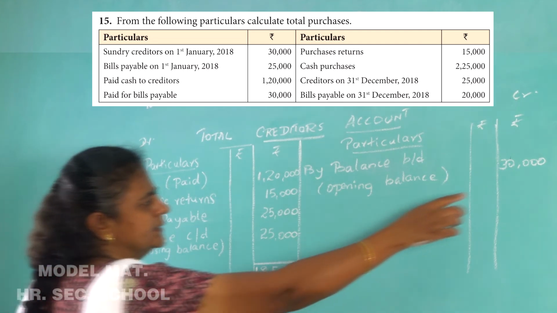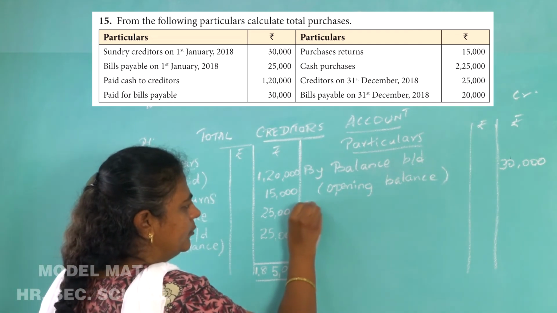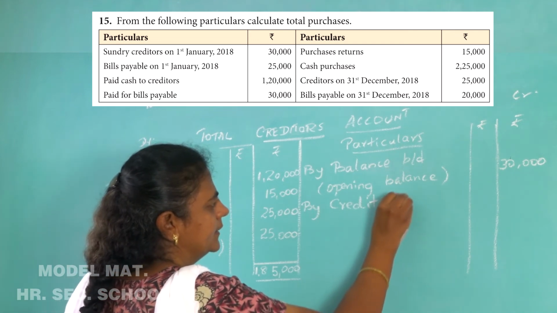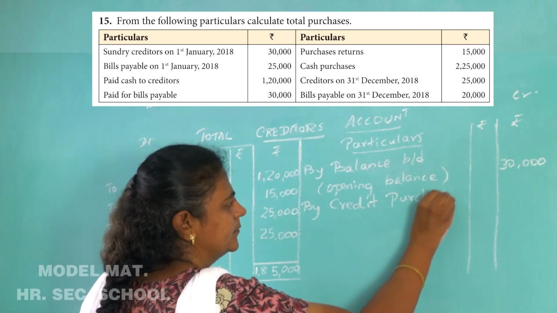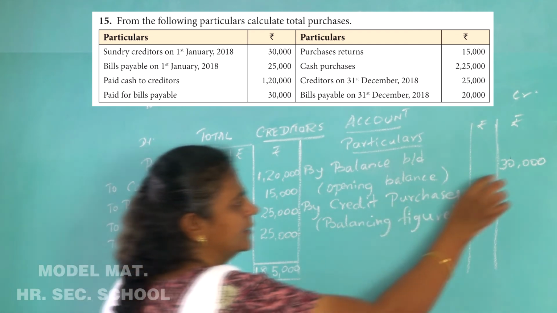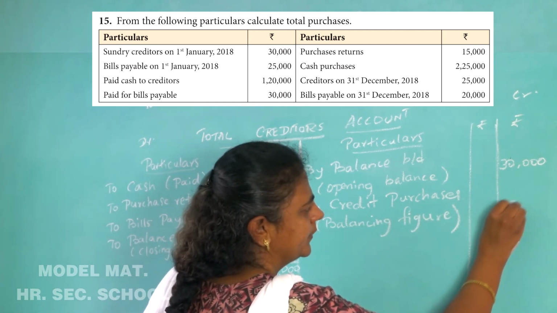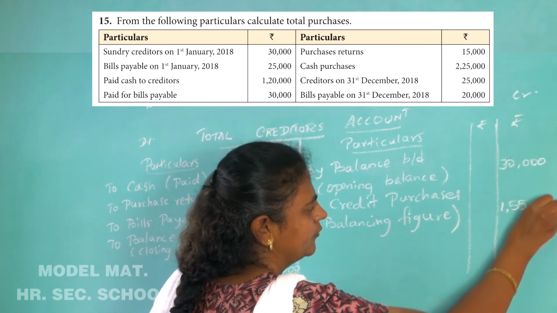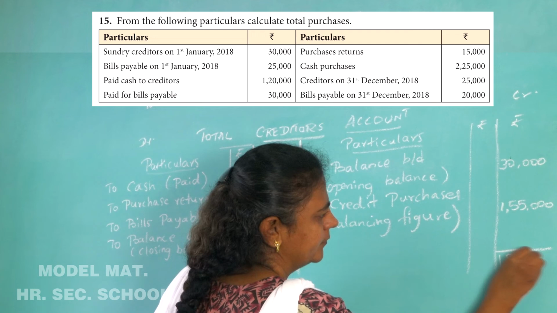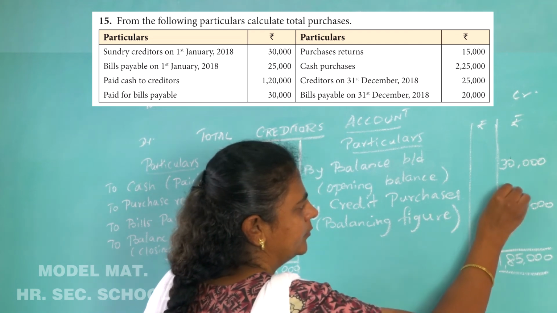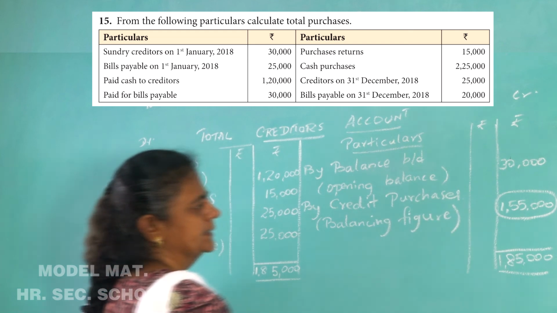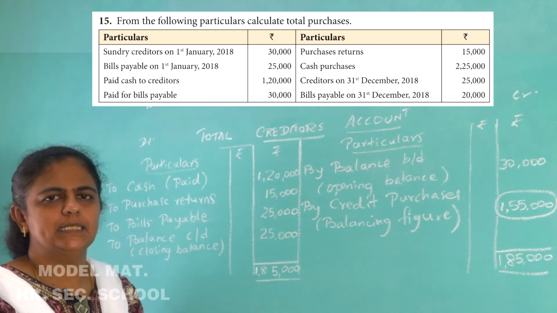That minus this 30,000 will give your credit purchases. By credit purchases, balancing figure, 185 minus 30,000, that will give 1,55,000. Put the total, put a circle for credit purchases.